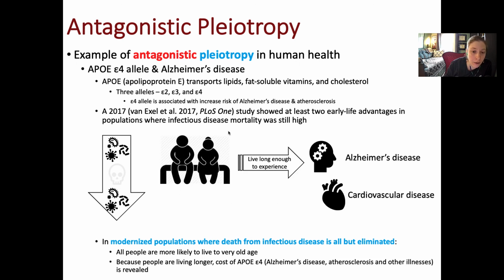For ApoE epsilon 4, that includes Alzheimer's disease and cardiovascular disease. So this is a really interesting thing, where something we think is really detrimental and bad for us was actually probably favored by natural selection, because until very recently, we had to deal with infectious disease.